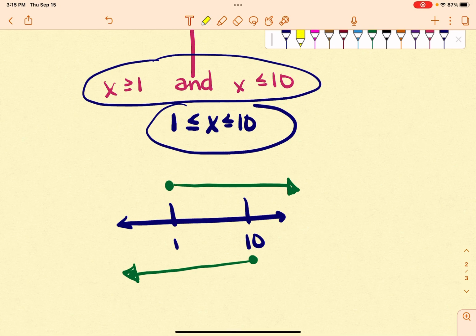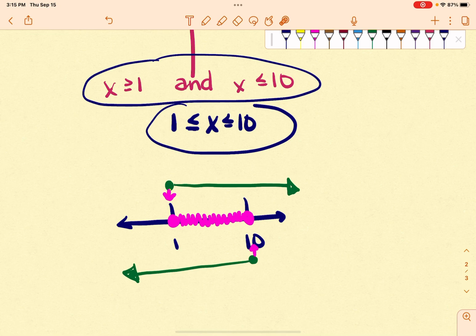Okay, I can see that it overlaps here. So to make this work, I have to bring this down, so that's a filled in circle. Bring this up, and it's a filled in circle. And then I'm going to fill in between. The answer is only this part that I have in pink right here.